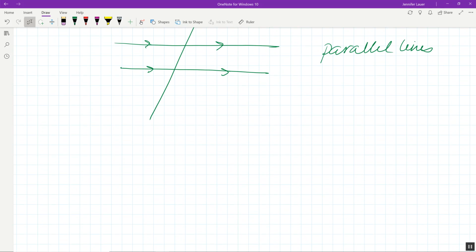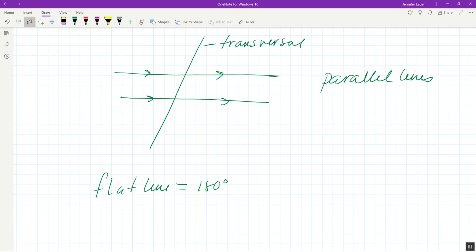A couple things you need to know. First of all, a flat line equals 180 degrees. If I were to ask you what this angle right here is, notice it's a flat line, so it's 180 degrees.